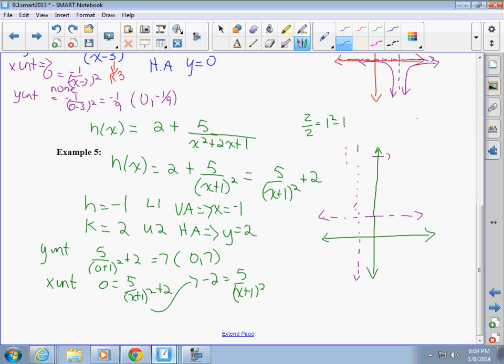So it's going to be crossing it, and this is a really bad picture, but it's going to look something like that. We know that somewhere there's going to be a point where that crosses at (0, 7). So it's done.